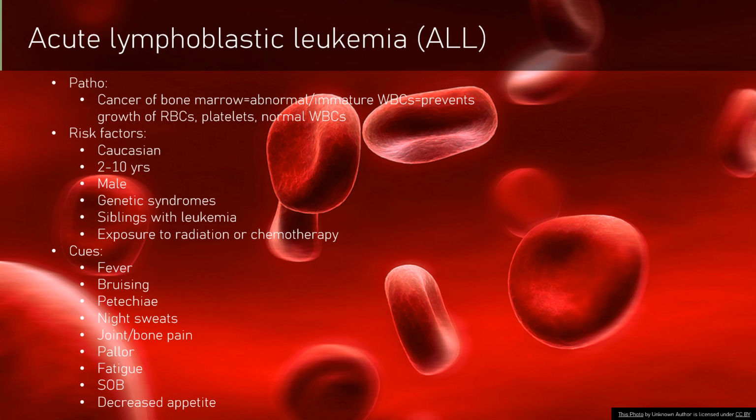They're going to get pale, have fatigue, shortness of breath, decreased appetite, and lots of bony and joint pain. They just feel really puny. And usually they're brought in because they're developing infections that aren't going away.